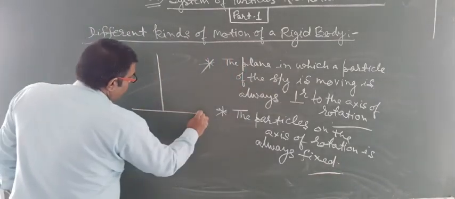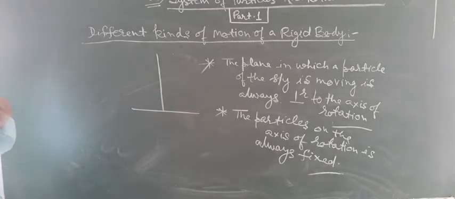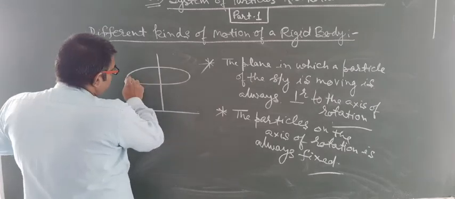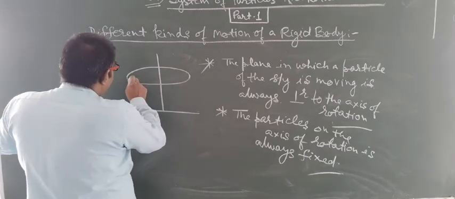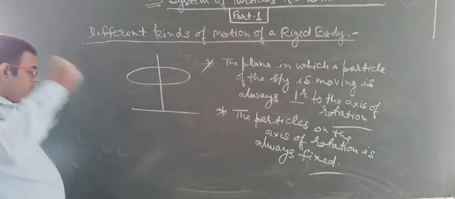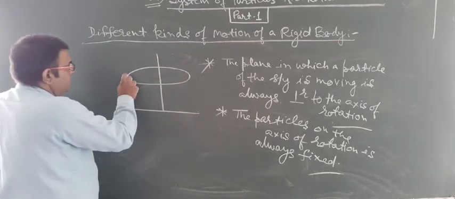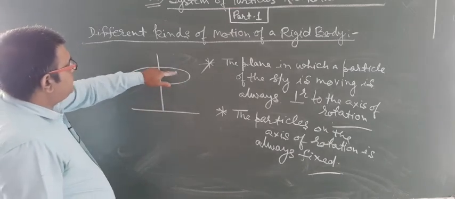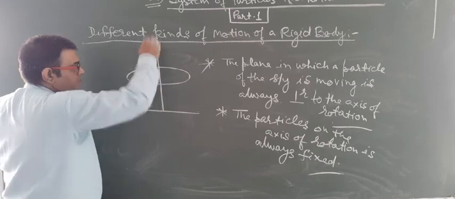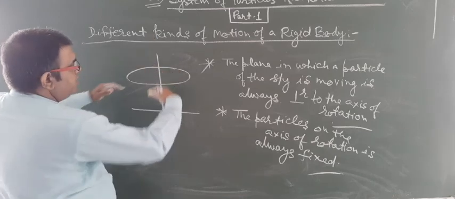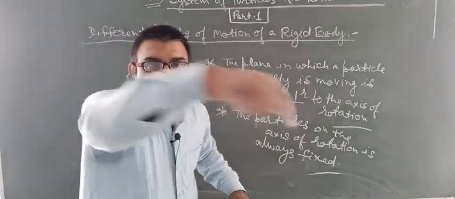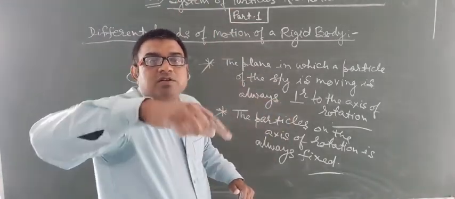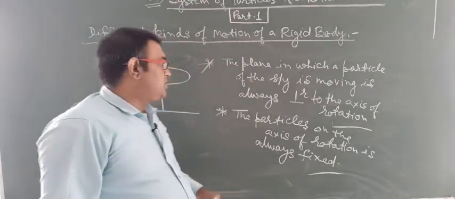Suppose this is the axis of rotation, and an object is executing circular motion, any body is executing rotational motion. This is the plane. Suppose a particle is executing circular motion and the axis of rotation is this. So this plane is always perpendicular to this axis of rotation.